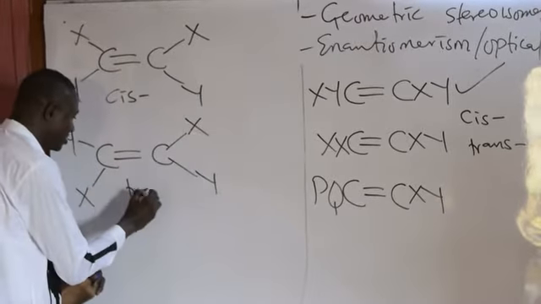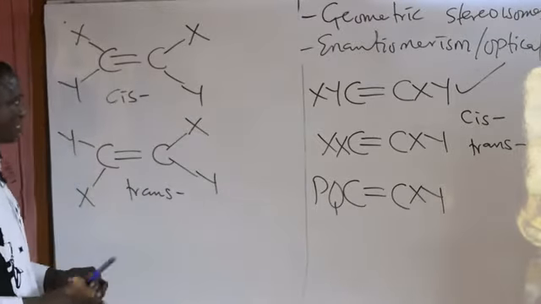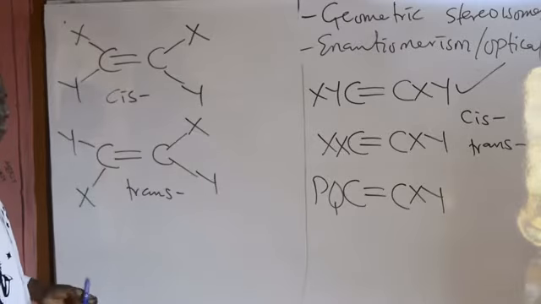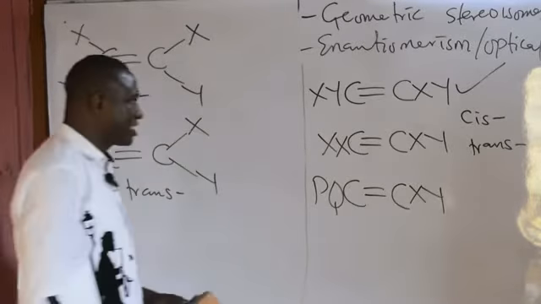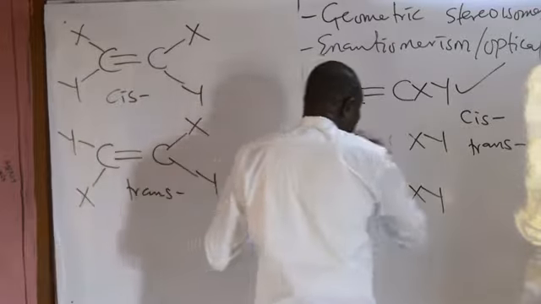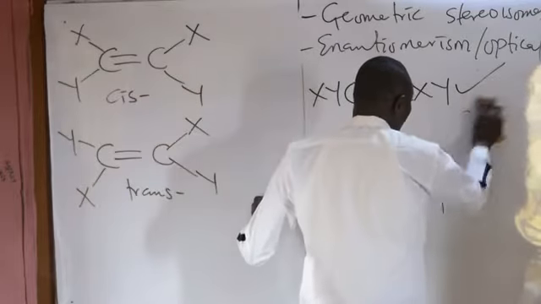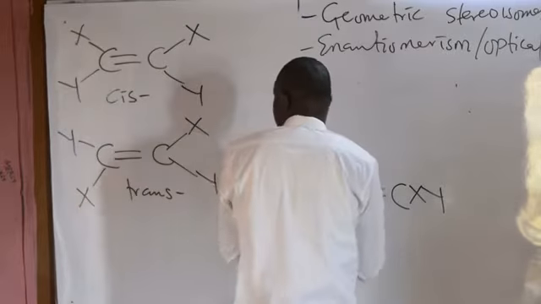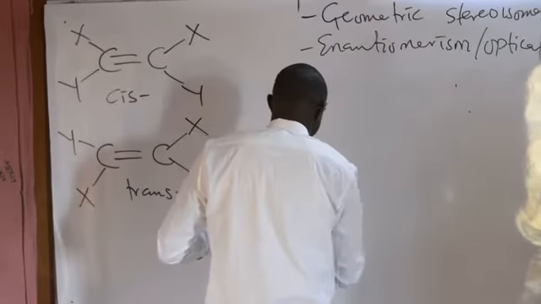So this is the trans, or the one you refer to as the transoid. Although geometric isomers usually have different physical properties at times, and their chemical properties may also be influenced by this kind of arrangement.